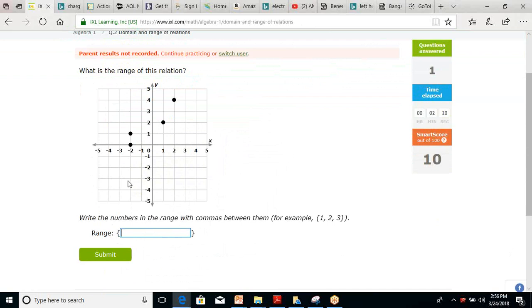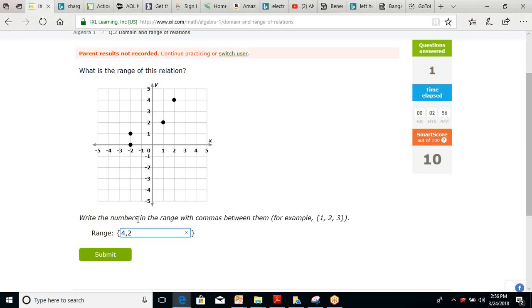So the only thing is which one is first. It didn't say in order anyway. So, you can always say you move from right to left. So for this first point, what is the coordinates? It is 2, 4. So this range is 4, right? For this second point, the domain is 1, the range is 2.